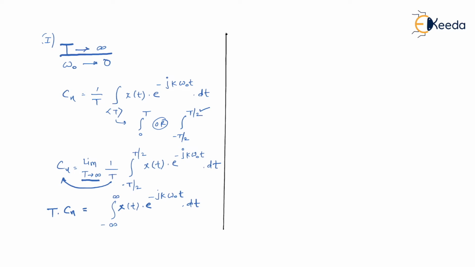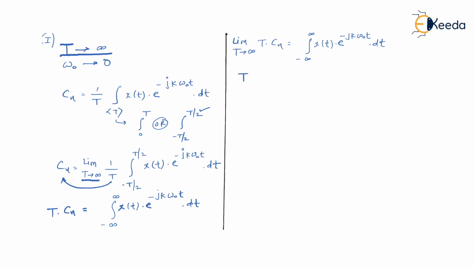Is that right? I can further write it like this, that still limit T approaching infinity, T times Cn is equal to integrating over minus infinity to infinity, x of t e to the power minus j k omega naught t dt.